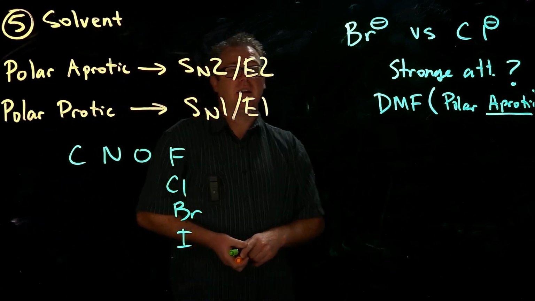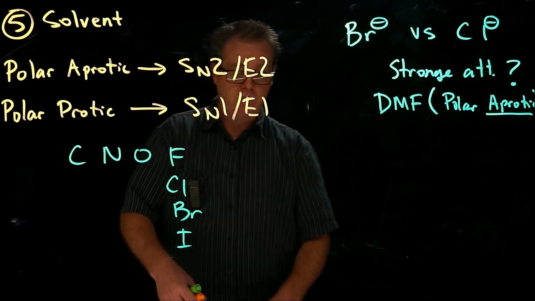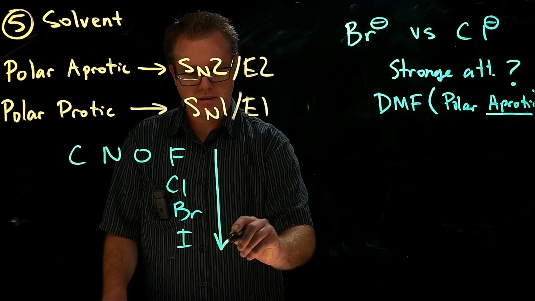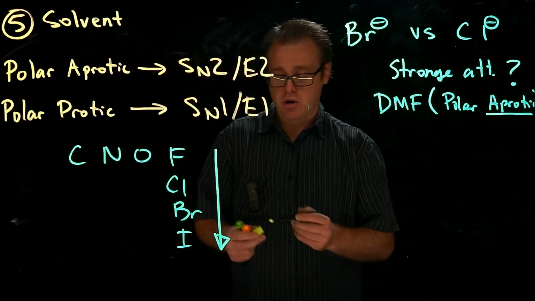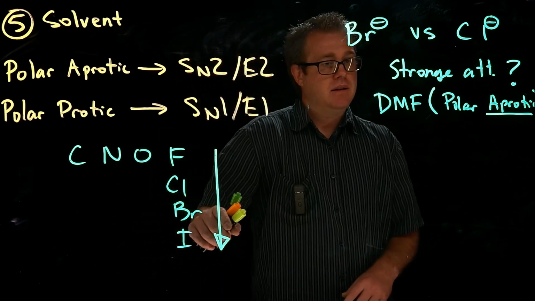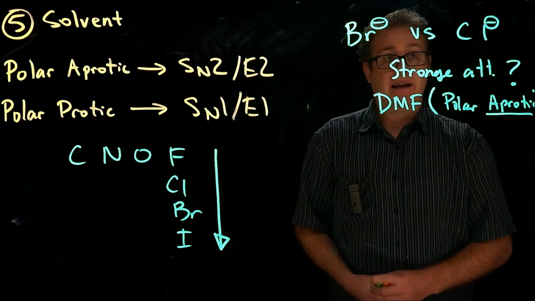Remember that we have electronegativity arguments and a size argument. When we're going down a column like this, we're going to look at size as a factor and not electronegativity to explain stability.